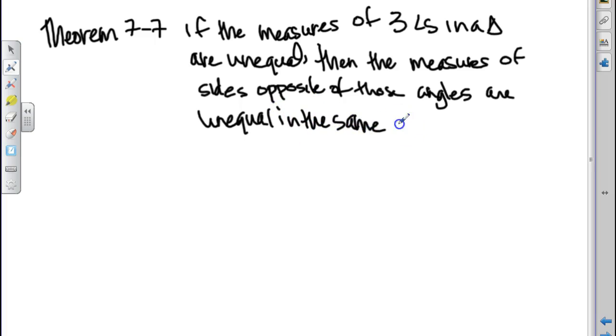So similar to the last theorem that we looked at, but now we're looking at angles. They've given us angles and we want to put the sides in the correct order.